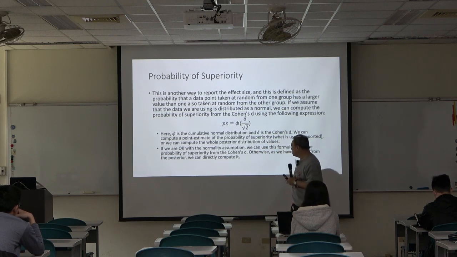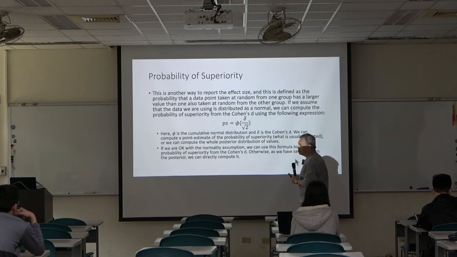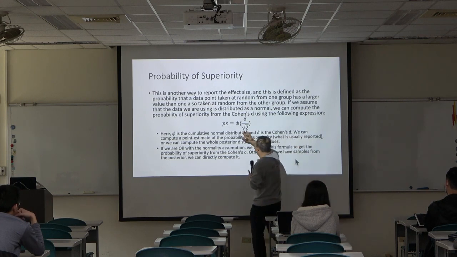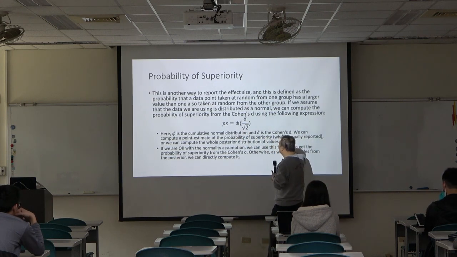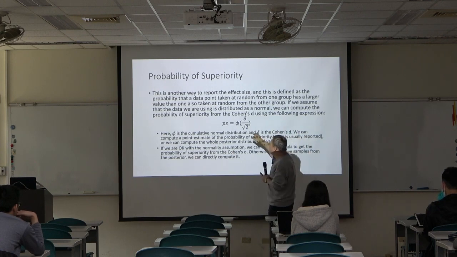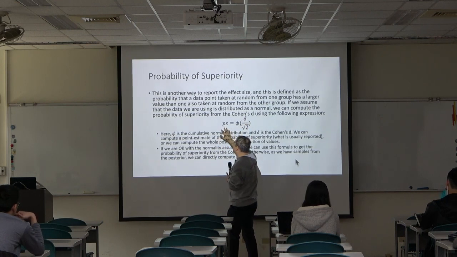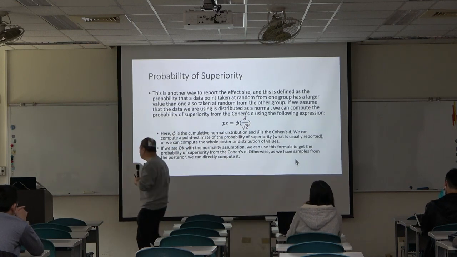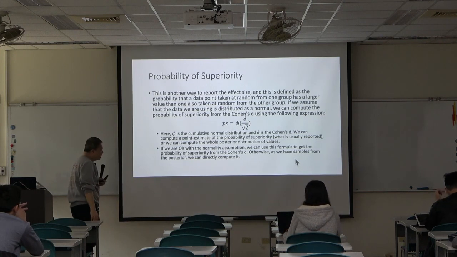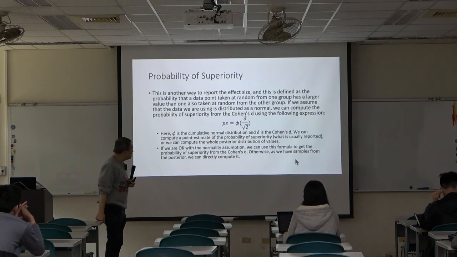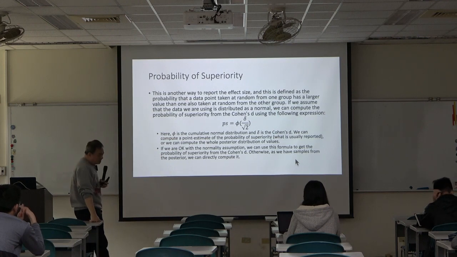If you know the normal distribution, the cumulative normal distribution is related to it, represented by an integral of a normal distribution basically. So if you have the delta, you can get the probability of superiority from this formula, of course with the understanding that the distribution is normal.